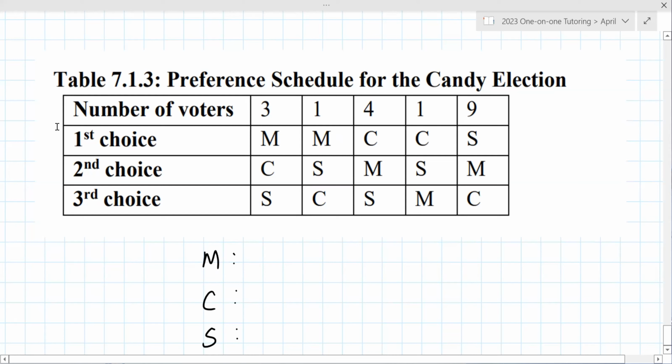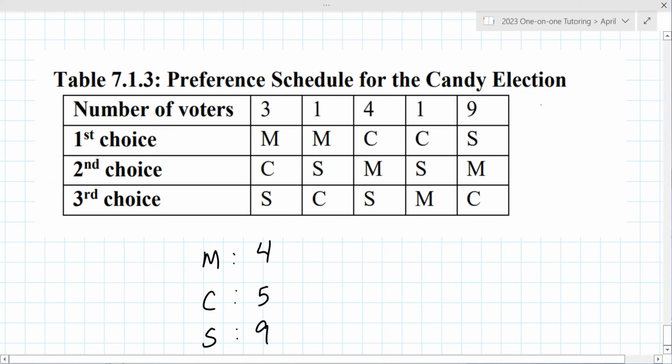You're just looking at the first row. M is 4, C is 5, S is 9. Is that right? Yes.